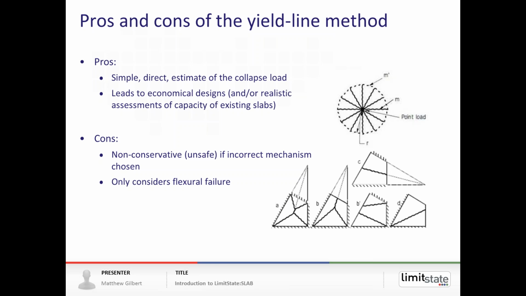The negative side: if you don't guess the correct mechanism, you'll end up over-predicting the strength of your slab. Another con is that it only considers flexural failure, so it doesn't consider, for example, shear failure. And also, clearly, because we're looking at the ultimate limit state, we're not concerned with deflections at serviceability limit state either.